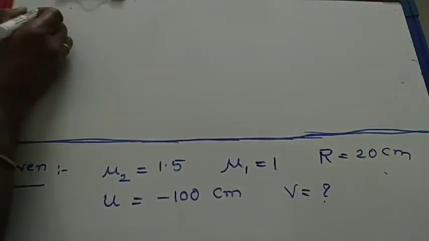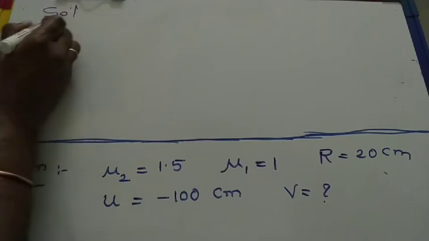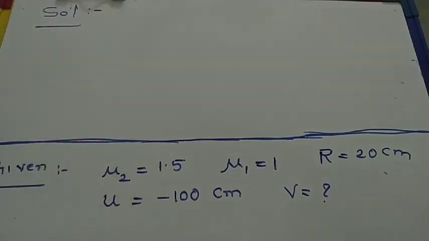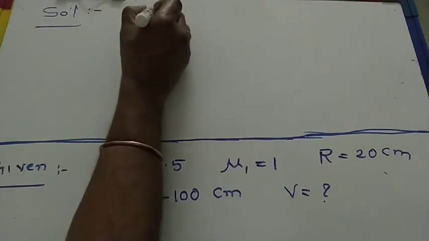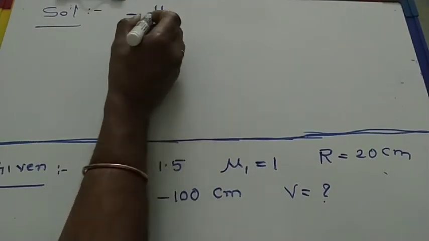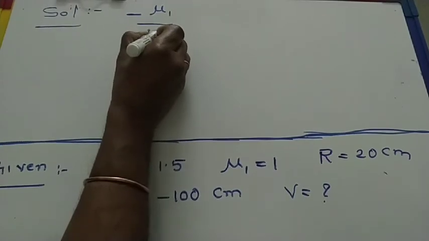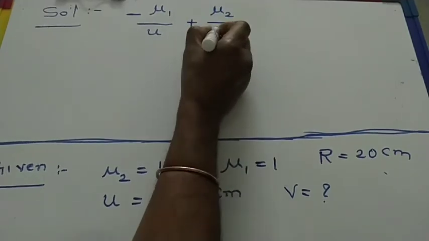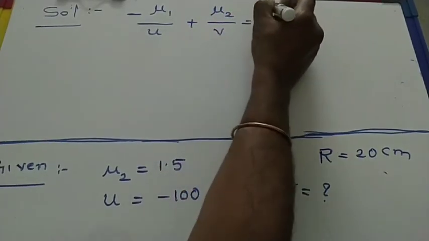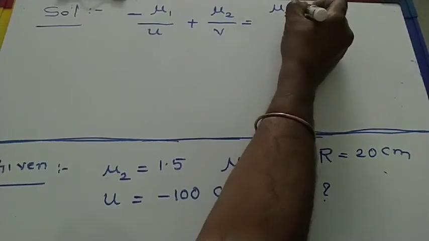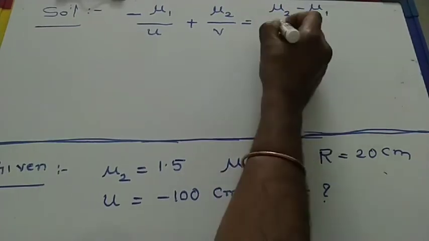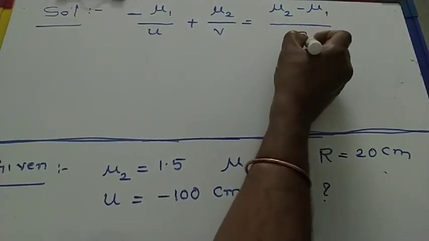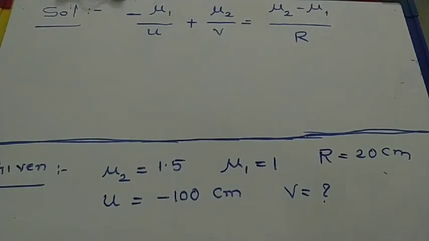Now go for the solution. What is the formula? Minus mu1 by u plus mu2 by v is equal to mu2 minus mu1 by r is the formula. Okay, that means now substitute these values in this formula.